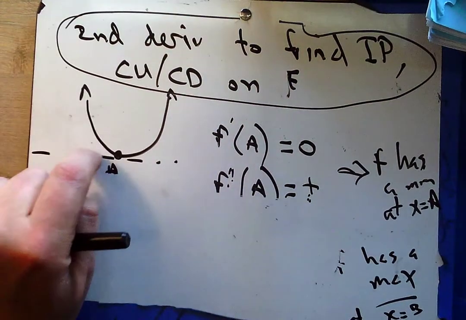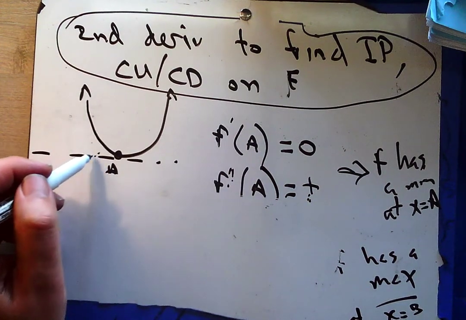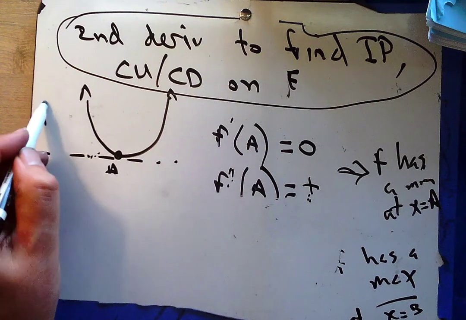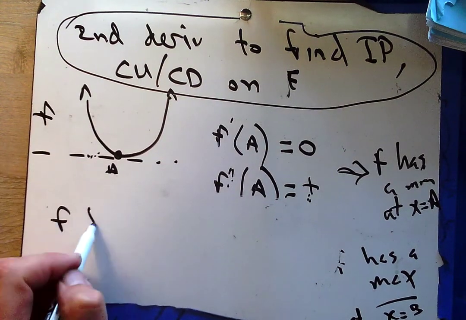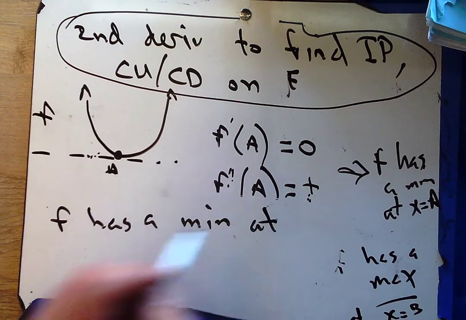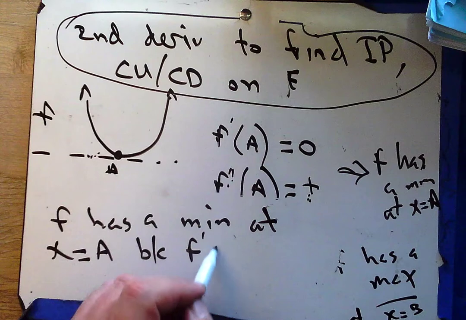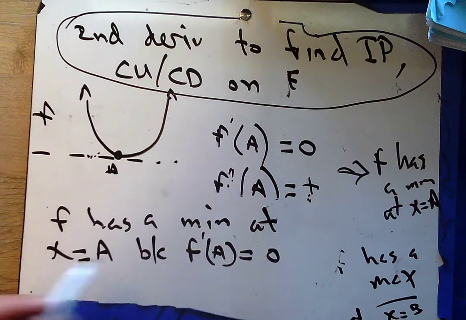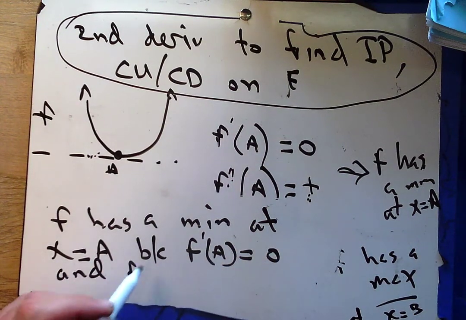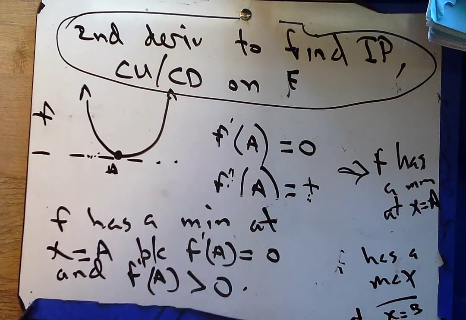If I had to write the justification for this, I would say, and this is f, and I'm saying f has a min at x equals a because f prime of a equals 0 and f double prime of a is greater than 0.